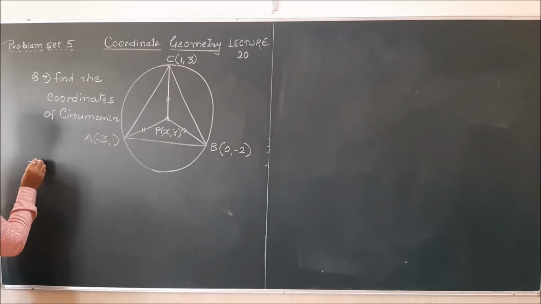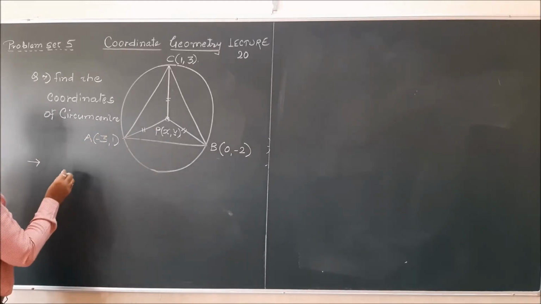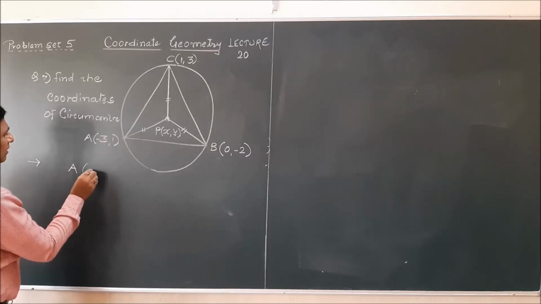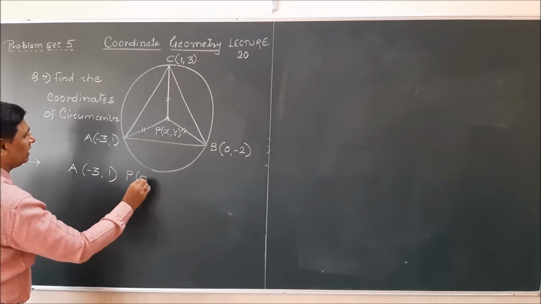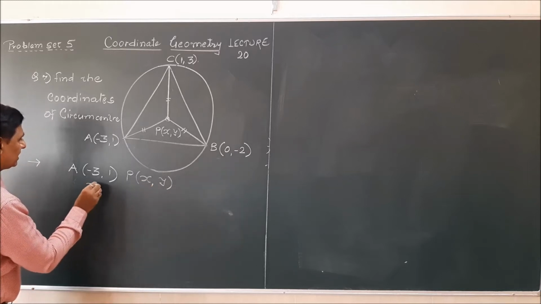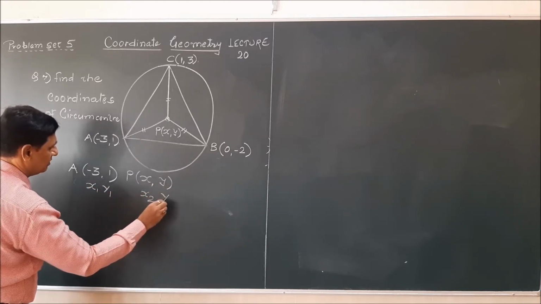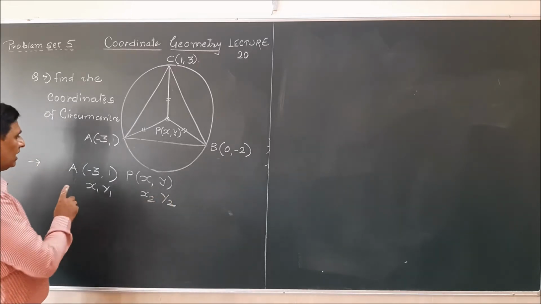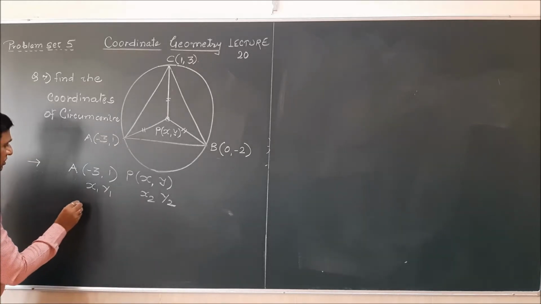So let's find out AP. AP is equal to, coordinates of A minus 3, 1, and coordinates of P as x, y. So label this as x1, y1, and this as x2, y2. By distance formula, I am going to find out AP.